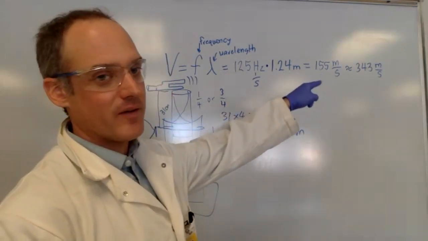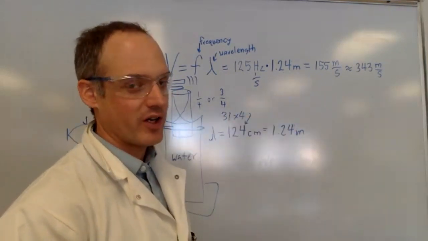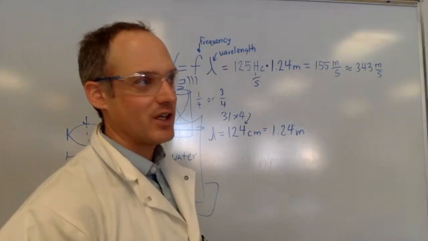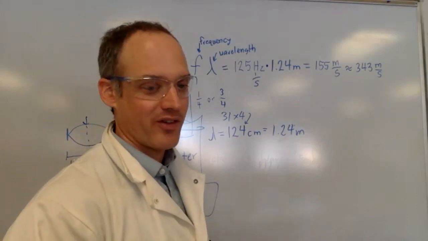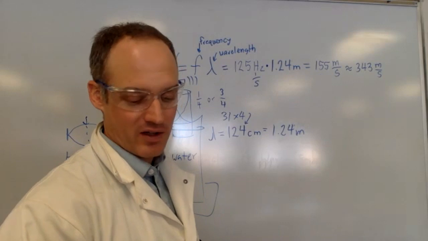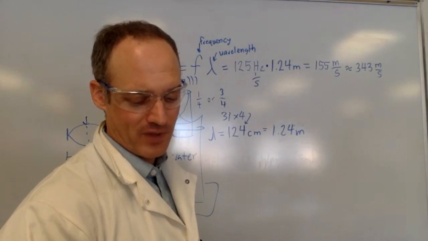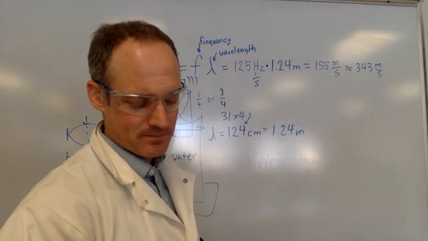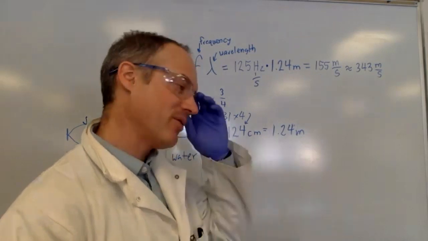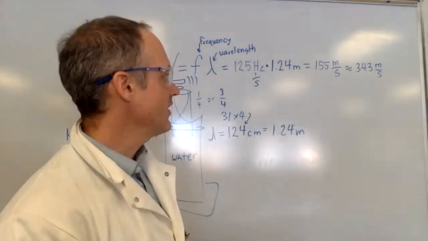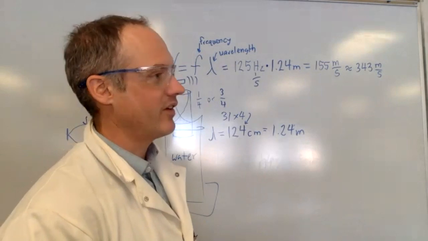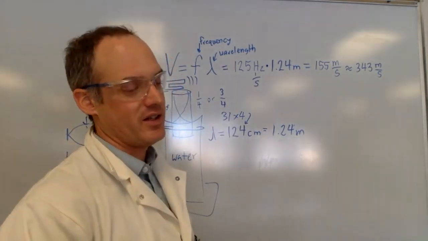So 343 is for 20 degrees Celsius, which I think the room was pretty close to that day. It was pretty cold outside. I'm trying to remember, it was a long time ago, but you should be seeing an increase in your speed of sound outside.